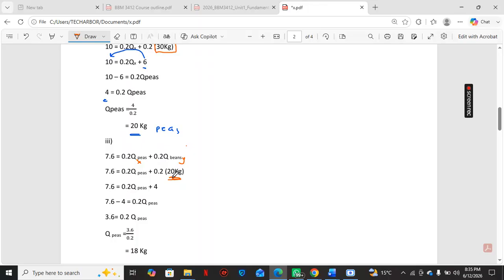I want to find out how many peas they can get if they buy 20 kg of beans. 0.2 times 20 gives you 4. So you have 7.6 equals 0.2 QX plus 4. Take this positive 4 over the equal sign, so we're going to have 7.6 minus 4 equals 0.2 QX.